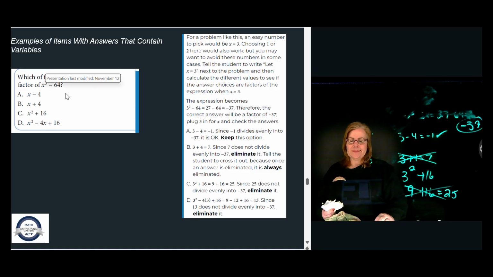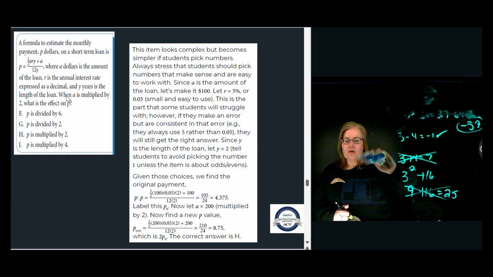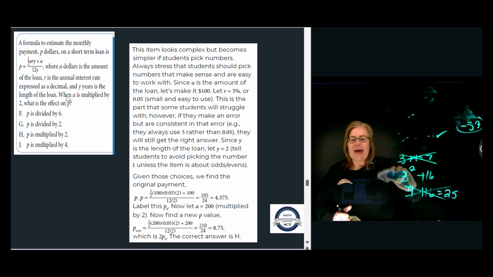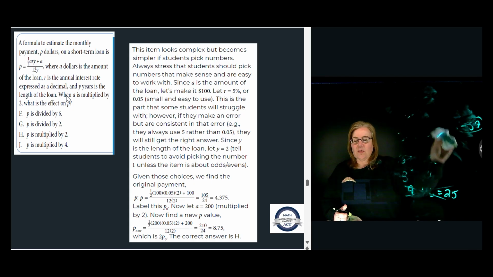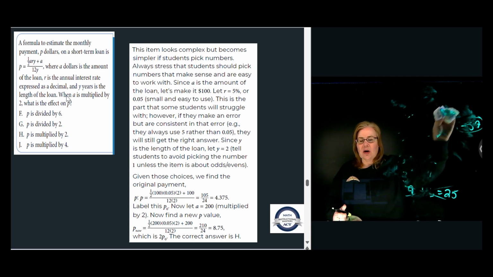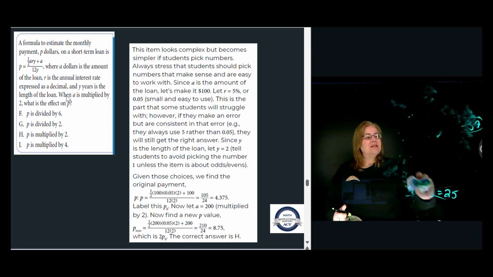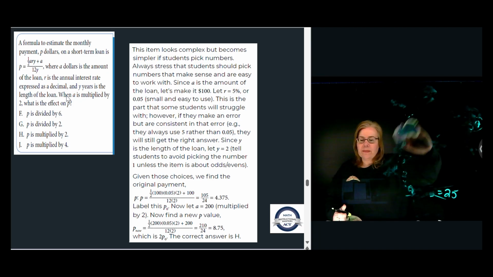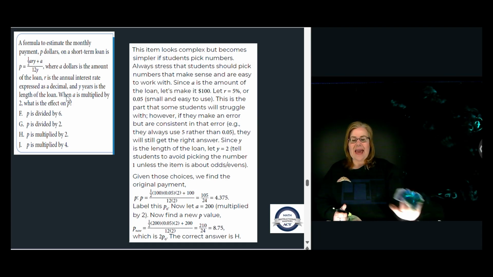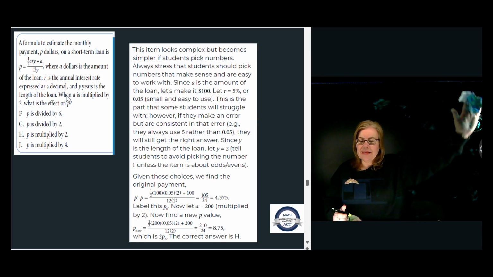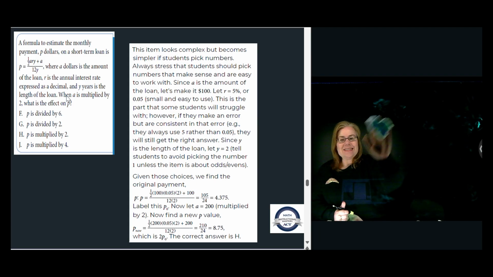I erase this board. So we have a formula to estimate the monthly payment of P dollars on a short-term loan: P equals 1/2 A times R times Y plus A divided by 12Y, where A is the dollars in the amount of the loan, R is the annual interest rate, which we've learned about, expressed as a decimal.